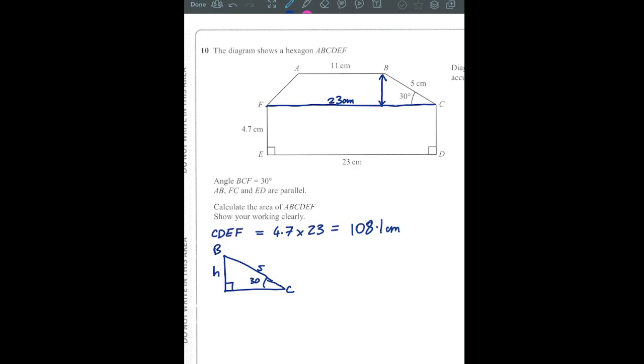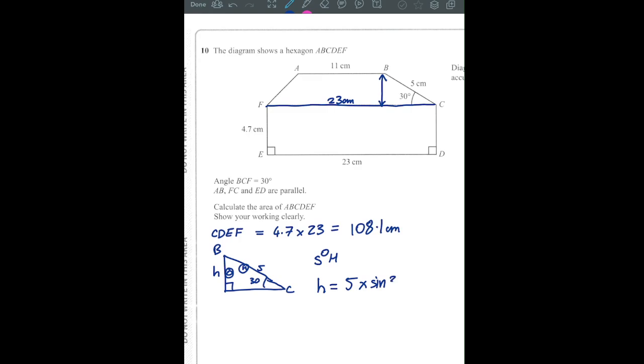Well, now this looks like trig. We have the opposite. We have the hypotenuse. If I have the opposite and hypotenuse, I'm going to use SO. I want the opposite. So if I cover it up, it looks like I should be doing the sine times the h. So the h is equal to the hypotenuse multiplied by the s.